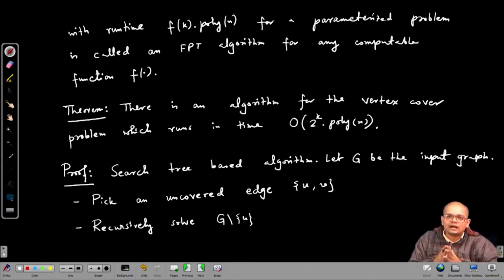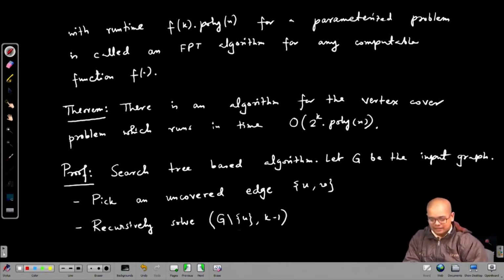In fact, that means it removes all the edges from G which are covered by u, and in the remaining graph I am looking for a vertex cover of size k minus 1.